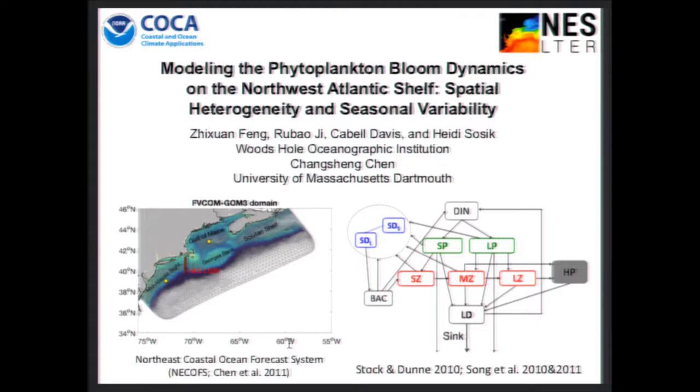At the first stage of this work, we are trying to understand how the model can represent the phytoplankton seasonality, and also the size composition in terms of small versus large phytoplankton. I will show some results for this newly established LTER site, from coastal to offshore along this transect, and also 2 representative stations in the Gulf of Maine and the Mid-Atlantic Bight.